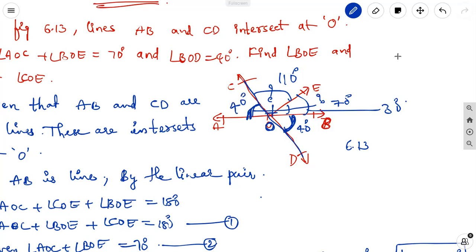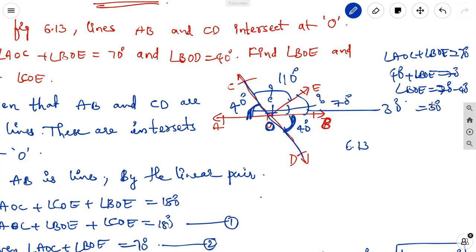Then we take the sum: angle AOC plus angle BOE equals 70 degrees, they have given. From the vertically opposite angles, we know that 40 degrees plus angle BOE equals 70 degrees. Then we can find BOE equals 30 degrees, because 70 degrees minus 40 degrees equals 30 degrees.